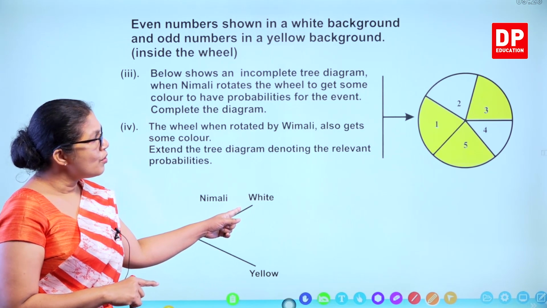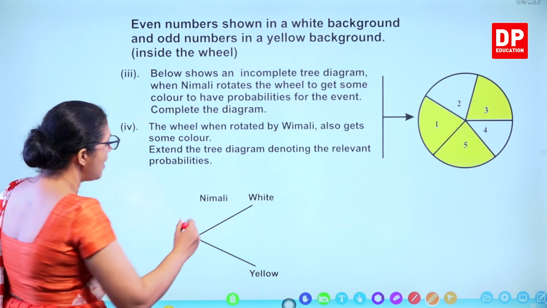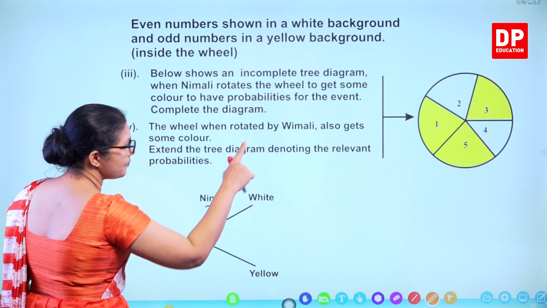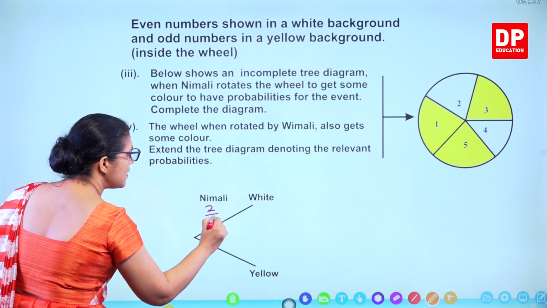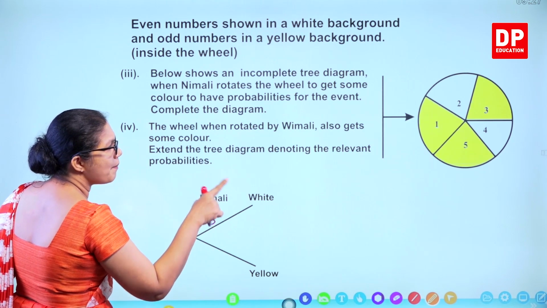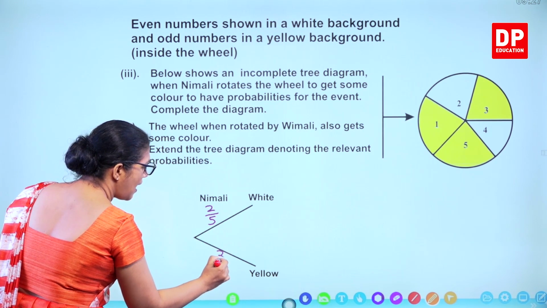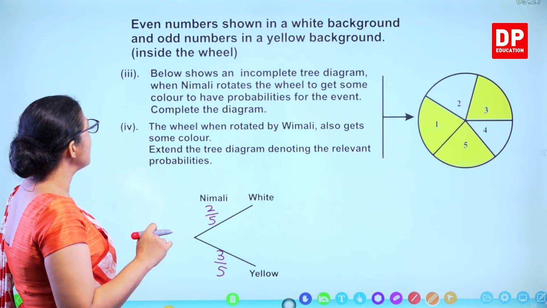So how do you get white? That's 2 possibilities out of how many possibilities? 5. So 2 over 5 is getting white. So getting yellow means odd numbers. 3 parts are there out of 5. So this is the tree diagram for Nimali.